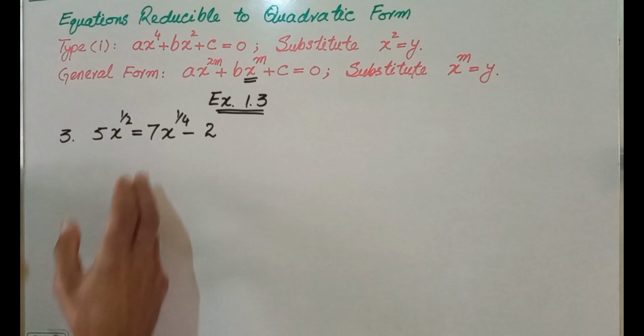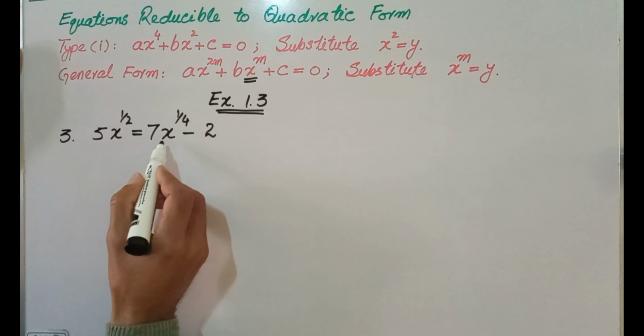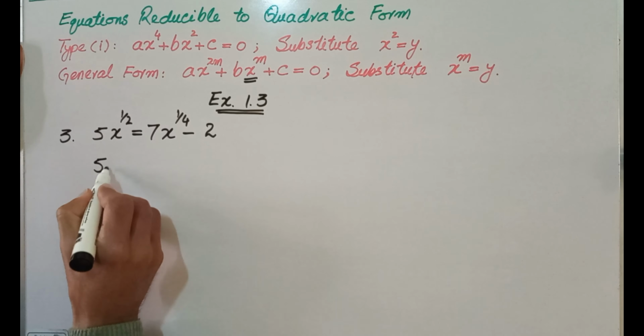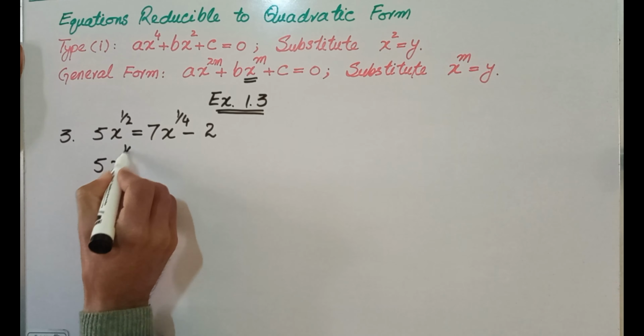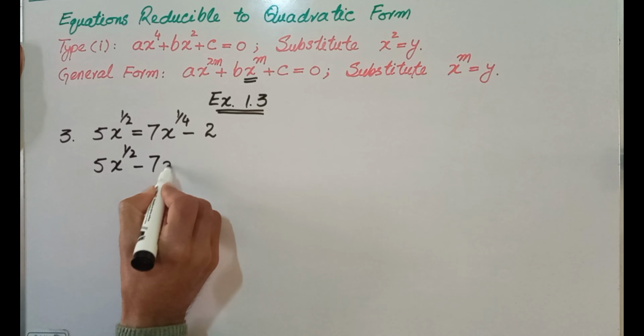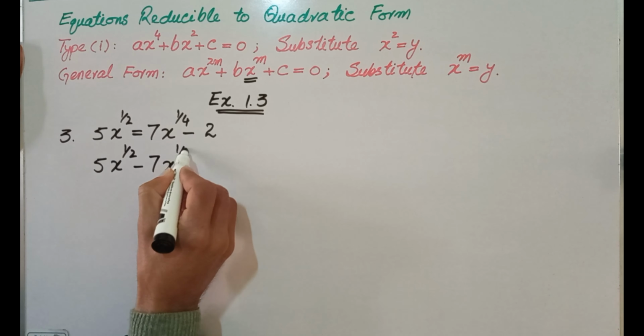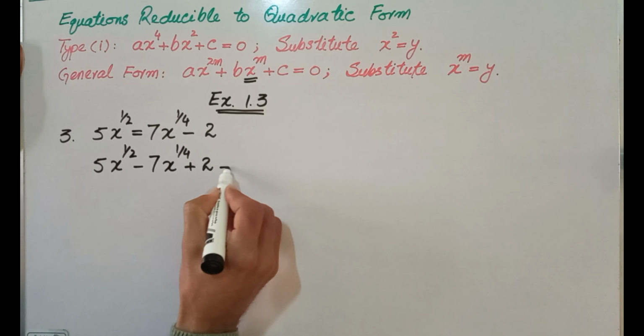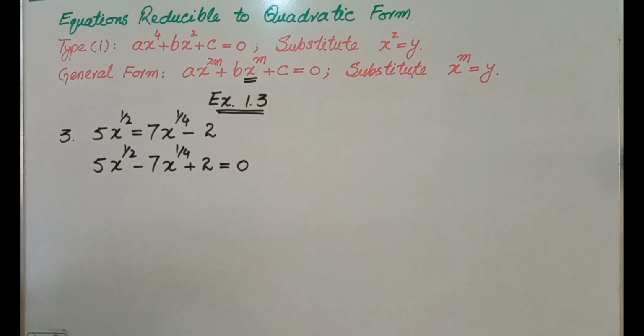First, we'll write this in the standard form. We'll shift these two terms to the left side. 5x power 1 over 2 minus 7x power 1 over 4 plus 2 equals 0.